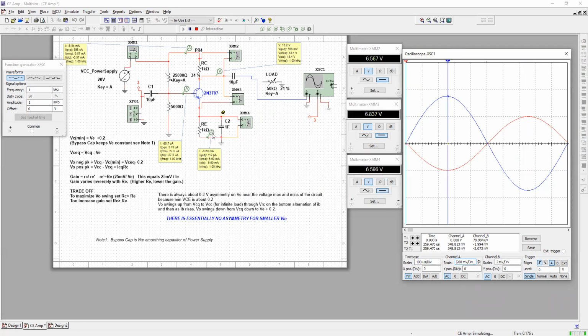And it's going to become an excellent smoothing capacitor, okay, that will allow the voltage across the emitter resistor to be constant. Okay, so you see the voltage here at 6.596 volts, okay, about 6.6 volts. That voltage will not fluctuate much across the emitter because of the capacitor smoothing effect.